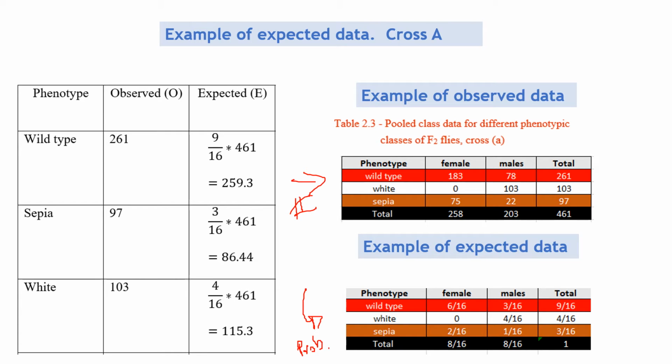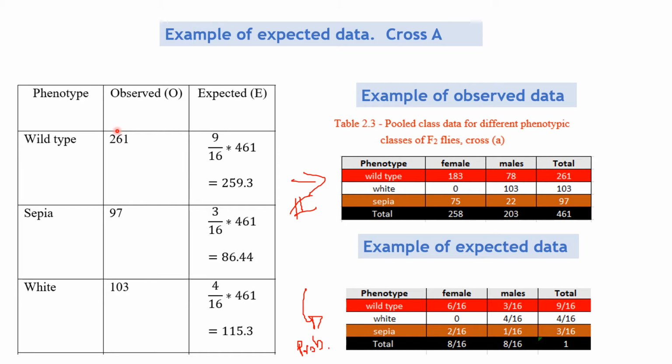So for example, the wild type females that you have here is 6 out of 16, while the males is 3 out of 16. And these are probabilities. Now you need to turn that into numbers. Okay, so let's do it. It's very easy. Here I have in a simple way how you do it. For example, for the wild type, you have 261, for males and females together.